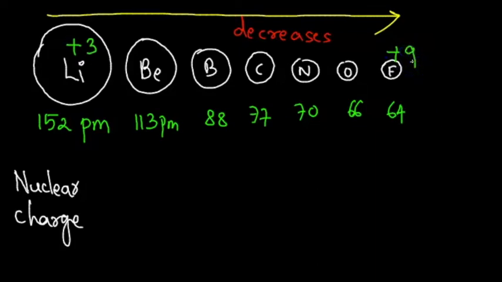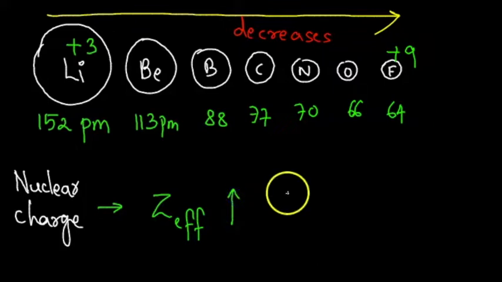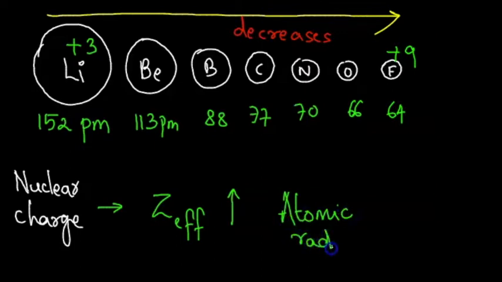So as you go from left to right, the effective nuclear charge is increasing, and that causes the atomic radius to decrease. Because the nuclear charge increases, those extra protons have a stronger effect on the outer valence electrons. They pull those electrons towards the nucleus, making the atom smaller.